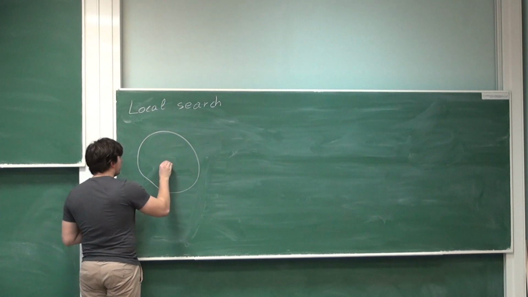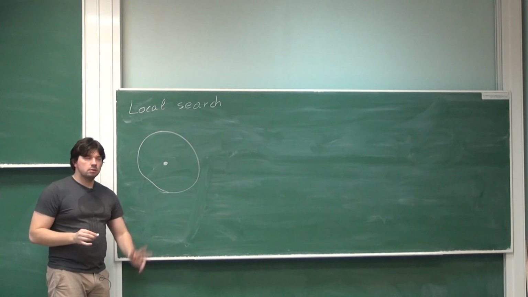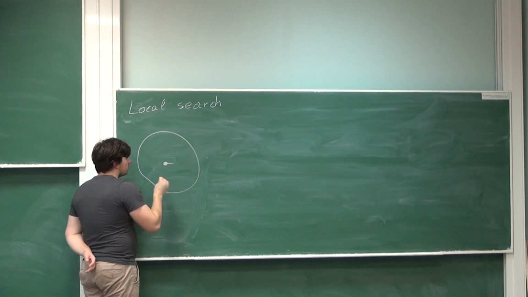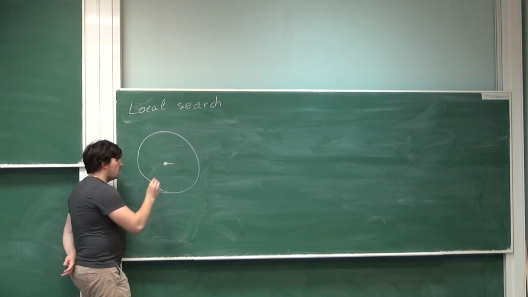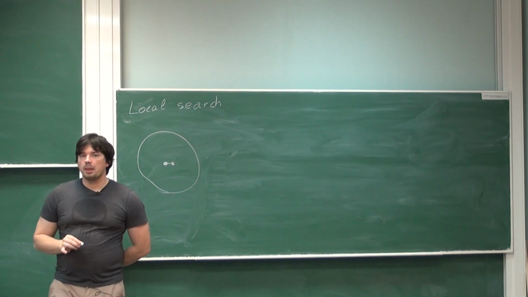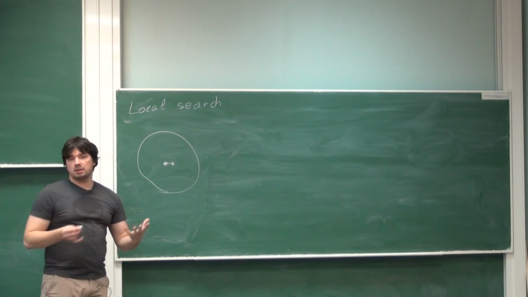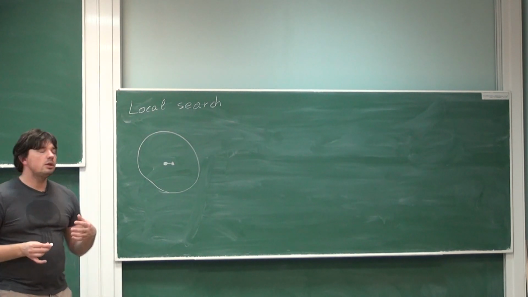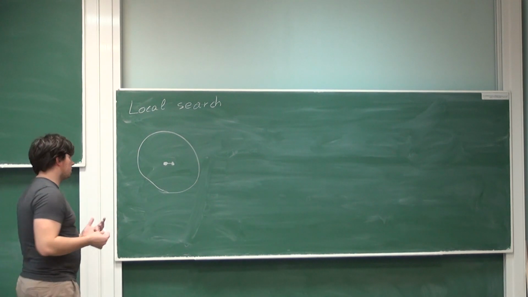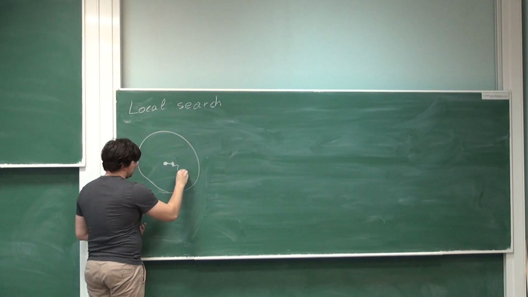So we'll start with some point, and then we'll say, hey, this point is not great, and I'll try to look for a point close to it that is better than this one in some sense. So I'll try to find a node that I hope would be closer to the actual solution.